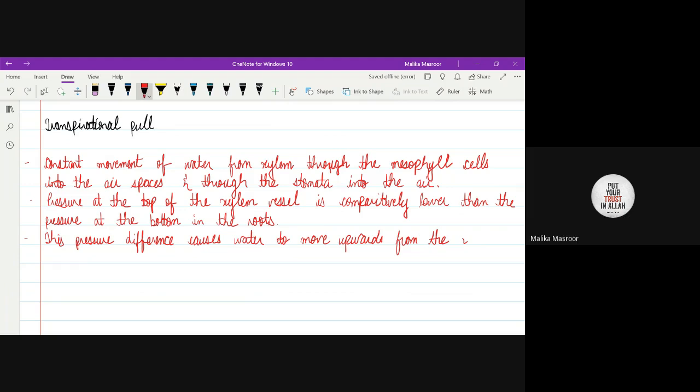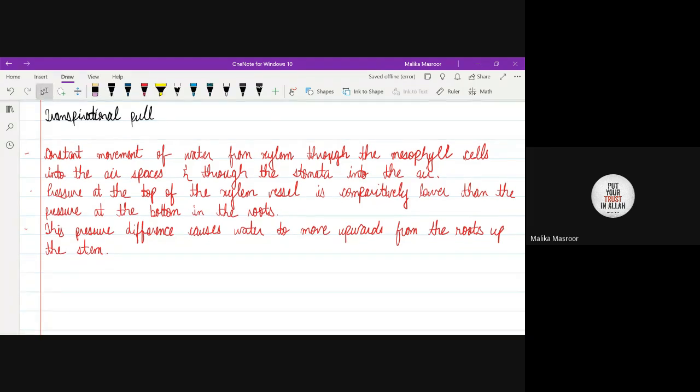From the roots up the stem. Okay, so this pressure difference is basically called transpiration pull, because it is caused by loss of water vapor by transpiration.